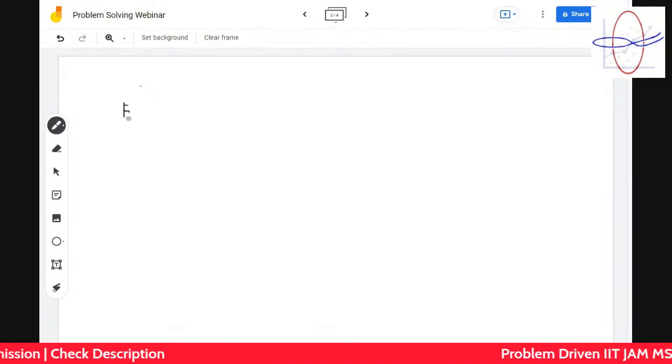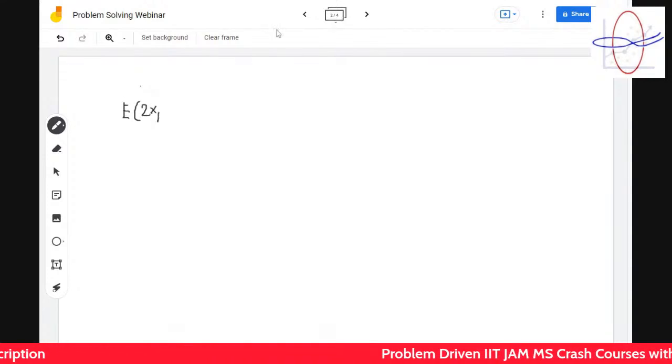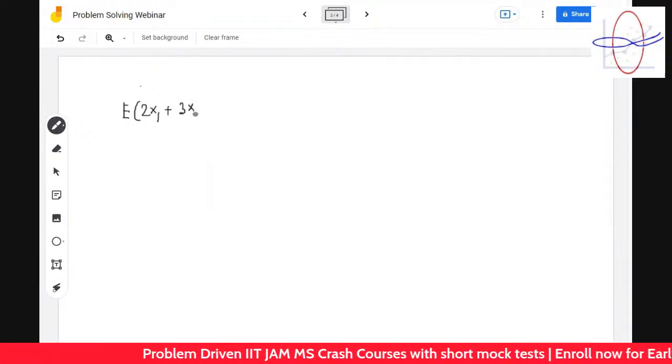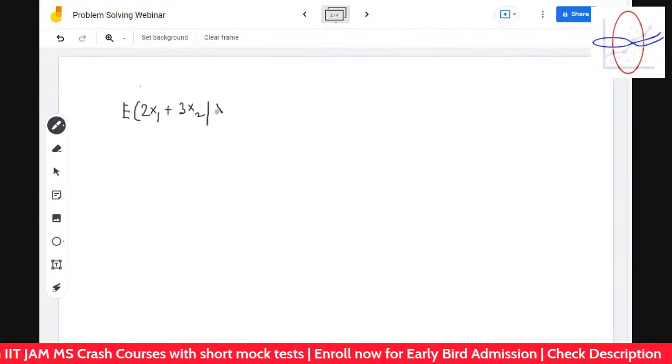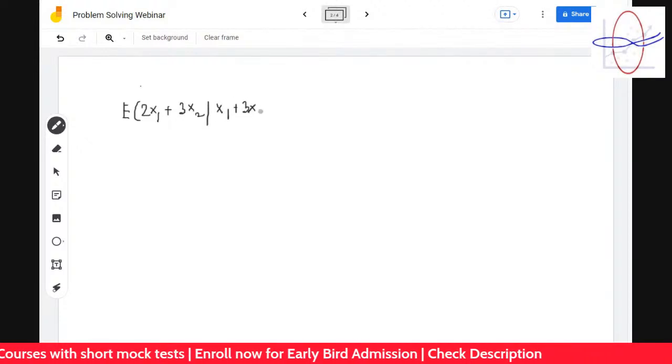So the expectation of twice x1 plus thrice x2 given x1 plus thrice x2 minus x3 is equal to 4.